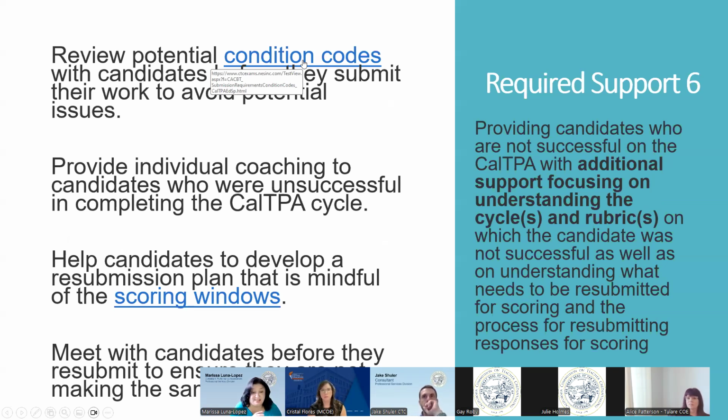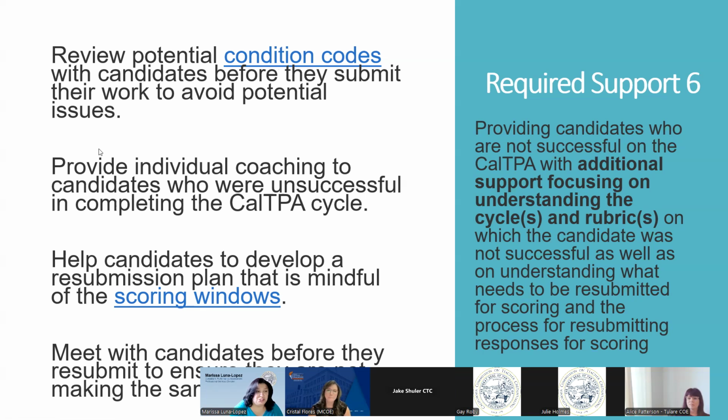Sometimes it's just that they didn't have something that's legible, or couldn't hear something, or something made the submission unscorable. So understand what those condition codes are before we submit. That way a candidate can look at their submission and say, this might get a condition code, what do you think? And can come and talk to their faculty to ensure that their submission is their first, best, and only submission.